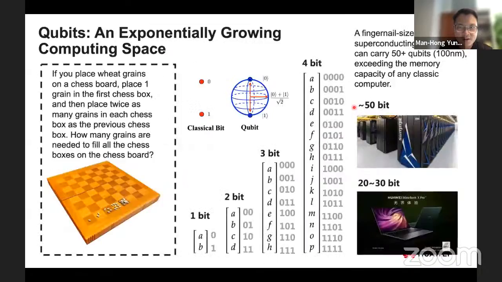Okay, so just to give you some idea, everybody knows that our Hilbert space is growing exponentially. Here, I just want to put some numbers so that you get some idea that we are really facing this huge Hilbert space already. With 20 to 30 qubits, we can easily, even in China, produce such a number of qubits.